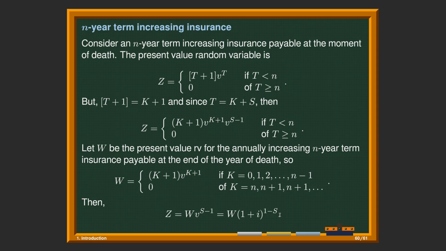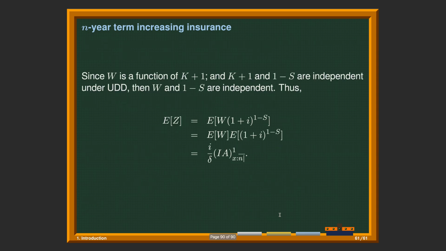So taking this form of Z, we can see that W is a function of K plus 1, and K plus 1 and S are independent under UDD. Then W and 1 minus S are also independent, right?